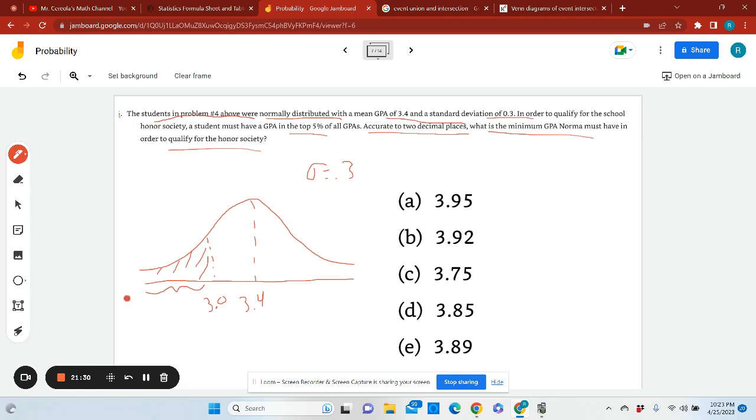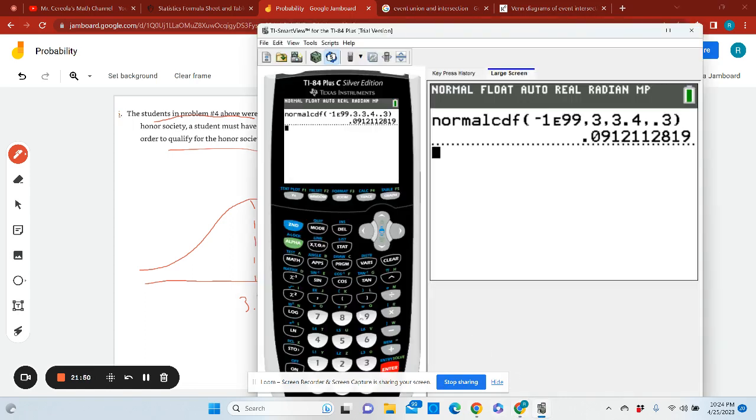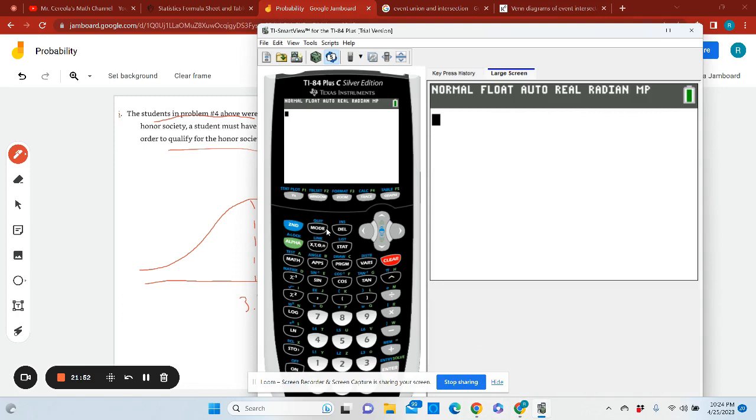And to find that area, we did normal CDF. But that's not what they're asking this time. This time they're saying, what does our score have to be? So they're not giving us a score. They're giving us an area. What does our score have to be to register in the top 5%? Okay, and that's not a normal CDF function. That's the inverse norm function, right?